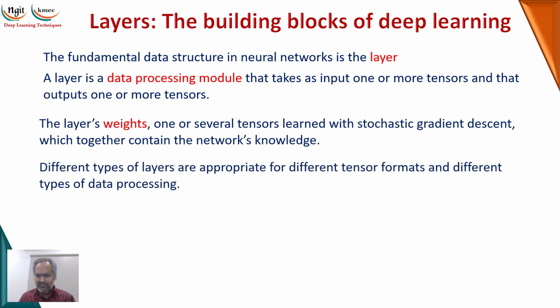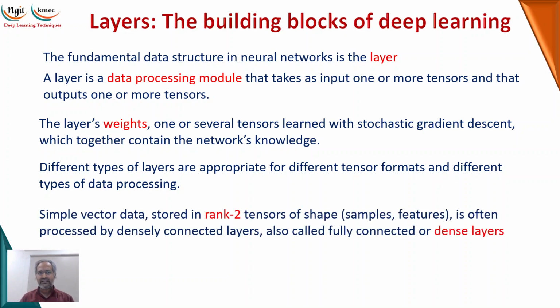Different types of layers are available, like a simple dense layer, or the CNN, convolutional neural network, or the recurrent neural network. Like this, there are several kinds of layers available. Based on that, we can categorize them by using the tensor rank.